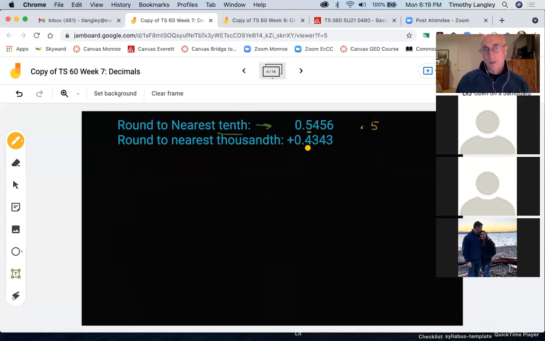Thousands place, I go 10th, 100th, 1000th. I underline the 1000th place. The number to the right is not 5. So this becomes 0.434. Okay, 0.434. And then I'm going to go ahead and put my decimal down here first, and then I'll just do my math real fast. Okay. So that's a little bit about rounding, a little review of rounding there.